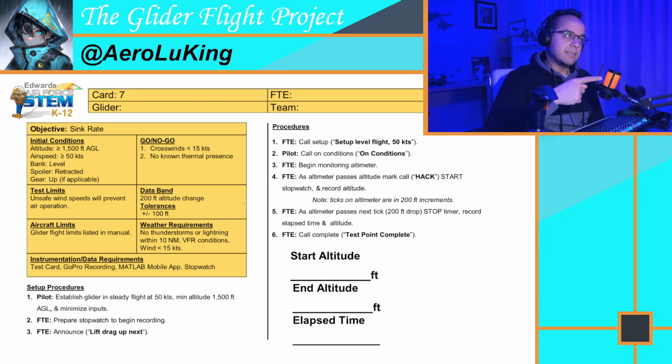Well, you can't, because it's telling you the altitude must be greater than 1,500 feet. So let's say it's 2,000, and 200 feet later, that should be 1,800 feet. So I'll write my end altitude and how long it took to drop 200 feet. And from there, you can calculate, hey, how long would it take to get down to 0 feet, to get an understanding of, again, your sink rate.